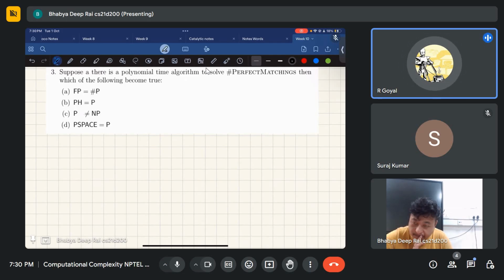So I'm a little doubtful about this C. As for PSPACE and P, I'm not sure that just because I can solve perfect matching in polynomial time, it has anything to do with the space occupied. So I'm pretty sure about A and B and not sure of C and D.